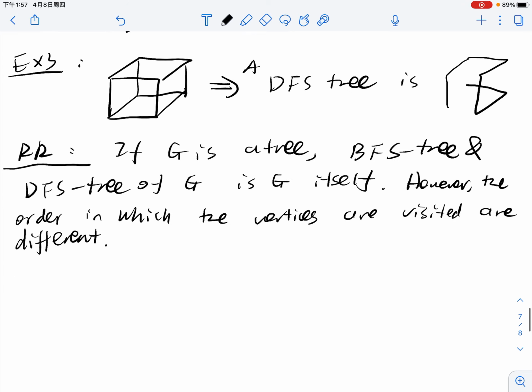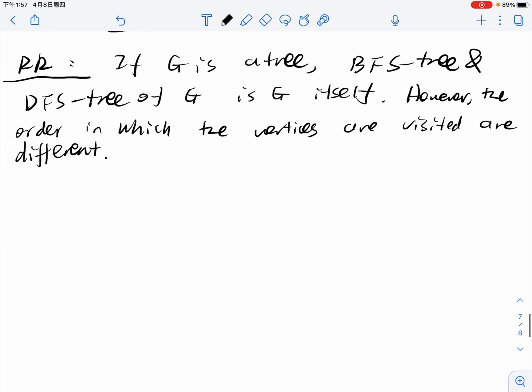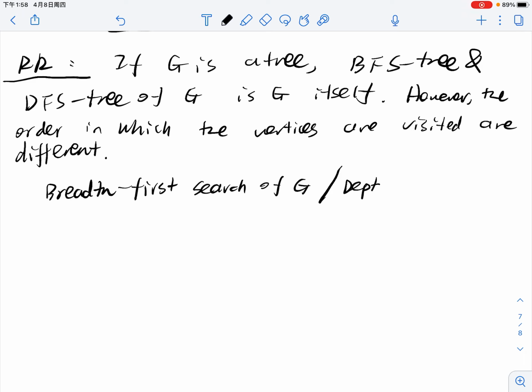So this is important because in reality this is how we search a graph or store and use and refer to information. Based on the BFS number and DFS number, we have the breadth first search or depth first search.